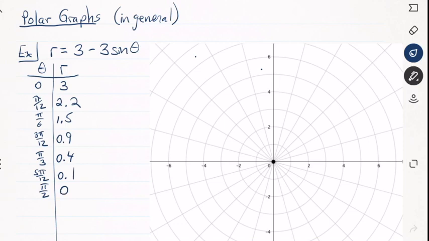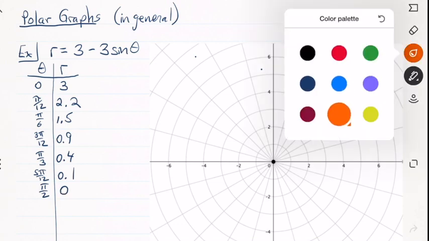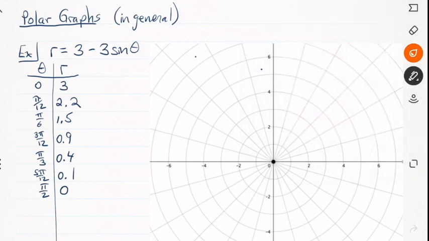All right, so on the graph itself, let's go orange. We're going to plot (3, 0). That would be 0 radians. It's not xy coordinates; this is our theta coordinate. So we're talking about a radius and an angle of 0. Oh, I wrote the point backwards, actually. It's supposed to be r, theta when you write your coordinates.